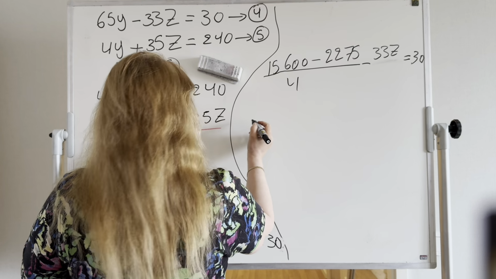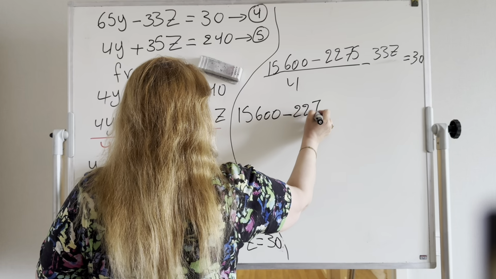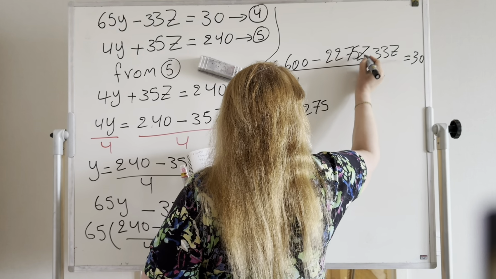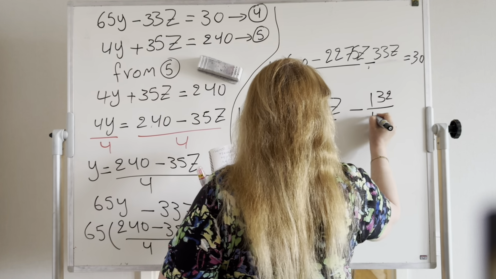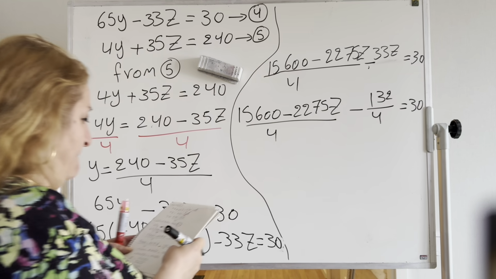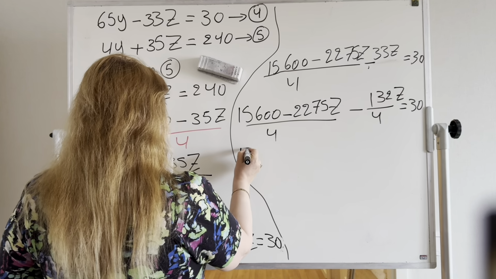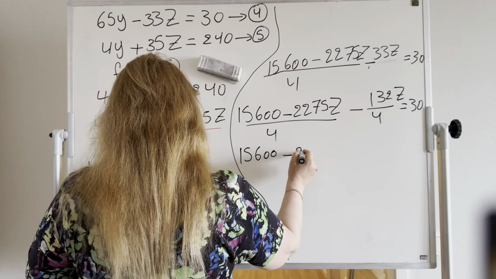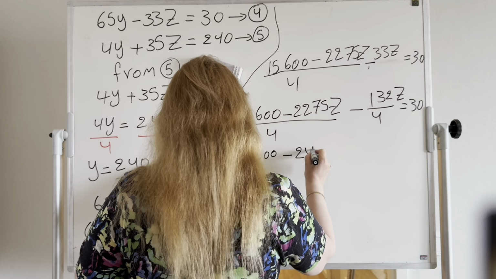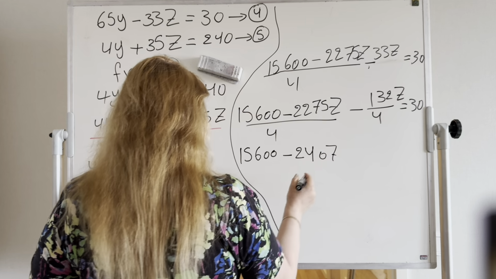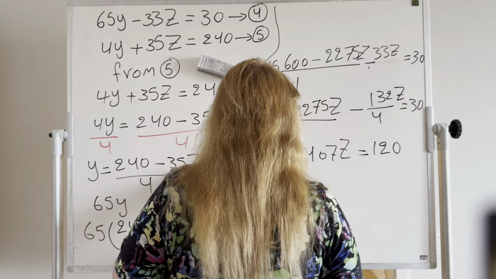Then 15,600 minus 2,275z, minus 132z divided by 4, equal 120. Then 15,600 minus 2,407z equal 120.